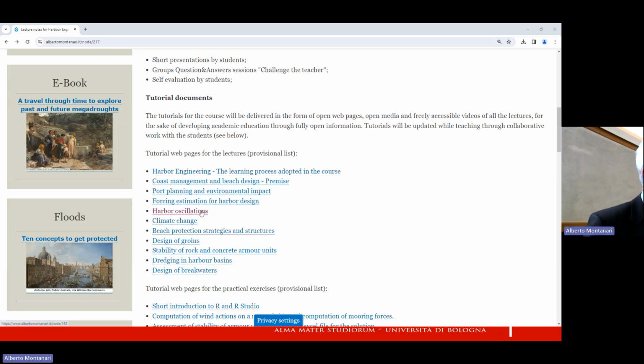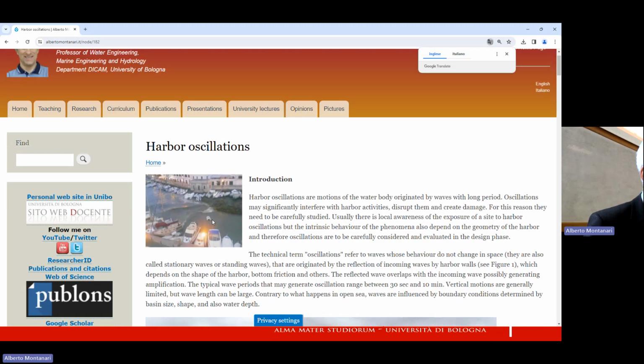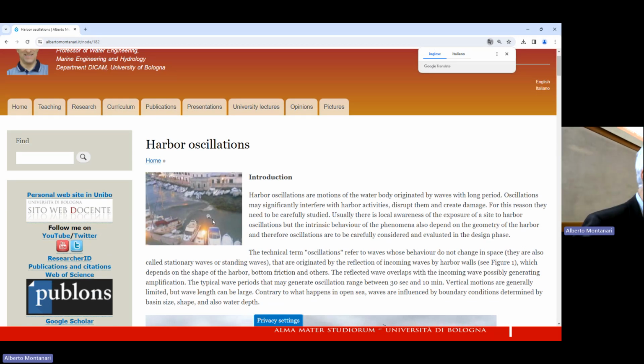the next, as I said, is harbour oscillations. So what are harbour oscillations? Harbour oscillations are a phenomenon that may be particularly concerning because it's resonance of waves within a harbour.